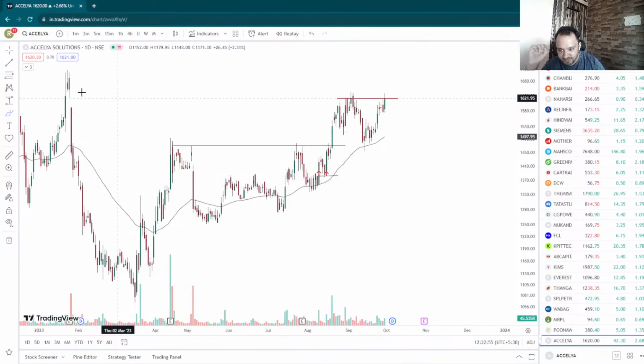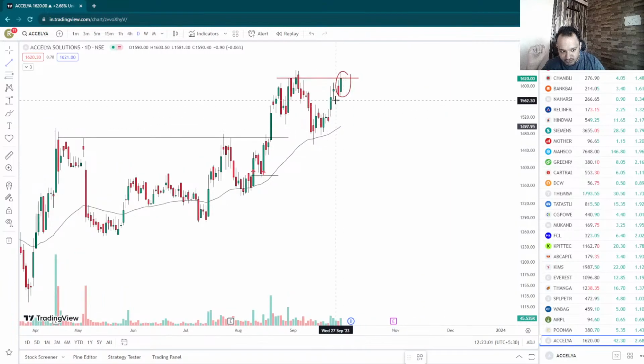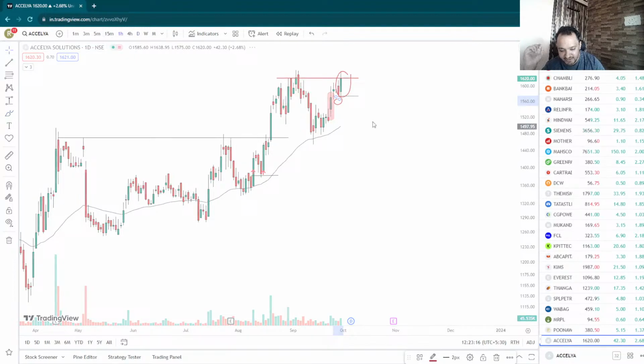The point is, when the stock is already extended, you will be forced to keep a bad stop. You will be forced to keep a very close stop because you are aware that there is a huge space below. All right. So you will be forced to keep a bad stop.